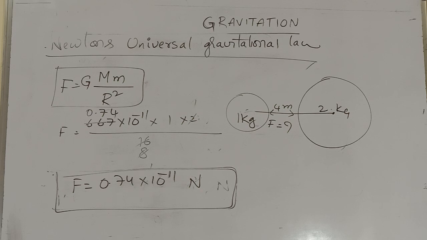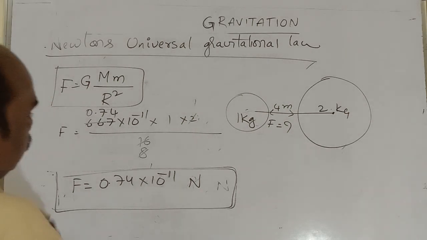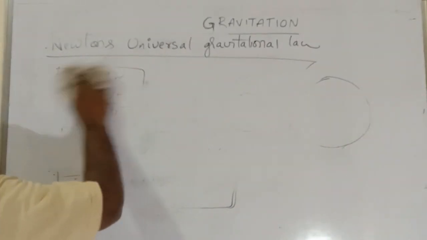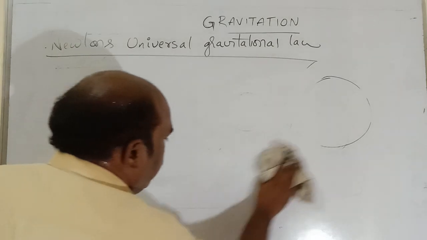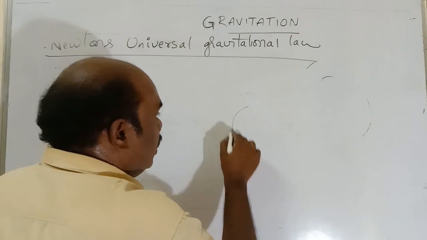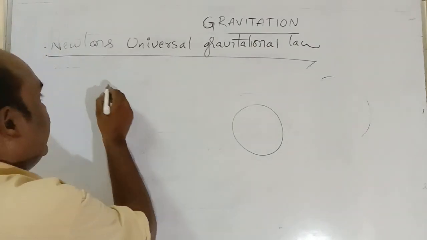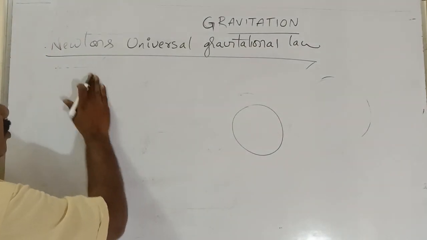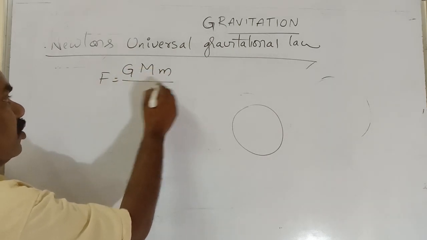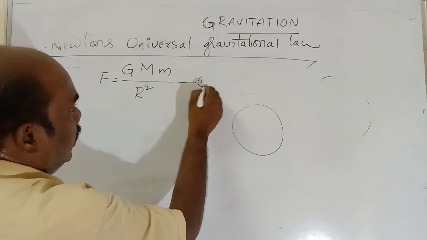This is the way of doing. Clear, children? Now see, one more example I will tell you. Initially F is equal to G m1 m2 by r square. This is the formula.